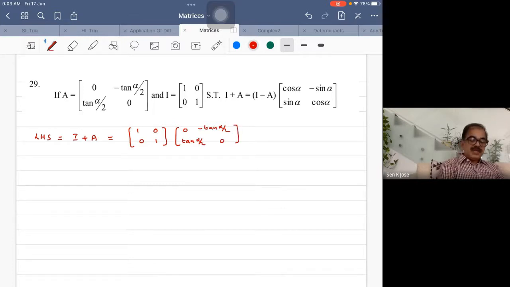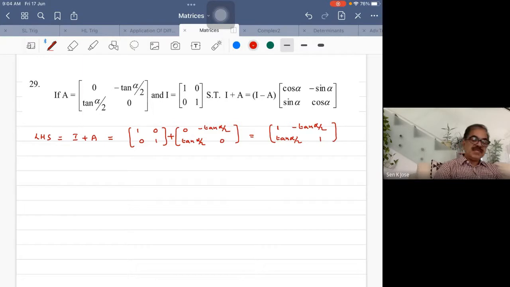Oh, it's I plus. I'm sorry, I forgot to put the plus sign in between. It's not multiplication, it's I plus A. And to add two matrices, just add the corresponding elements. So I'll get 1, minus tan alpha by 2, then tan alpha by 2, and then 0 plus 1 is 1. So that's the LHS and I leave it there.